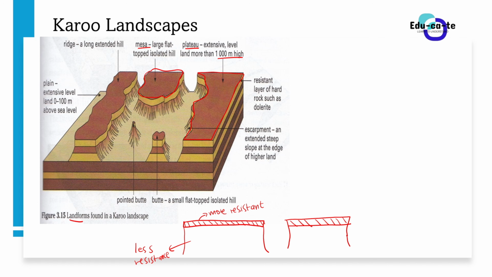And then we have another landform that is known as a butte. A butte is just a small flat-topped isolated hill. The butte also has resistant layers of rock on top, and less resistant layers at the bottom as well.